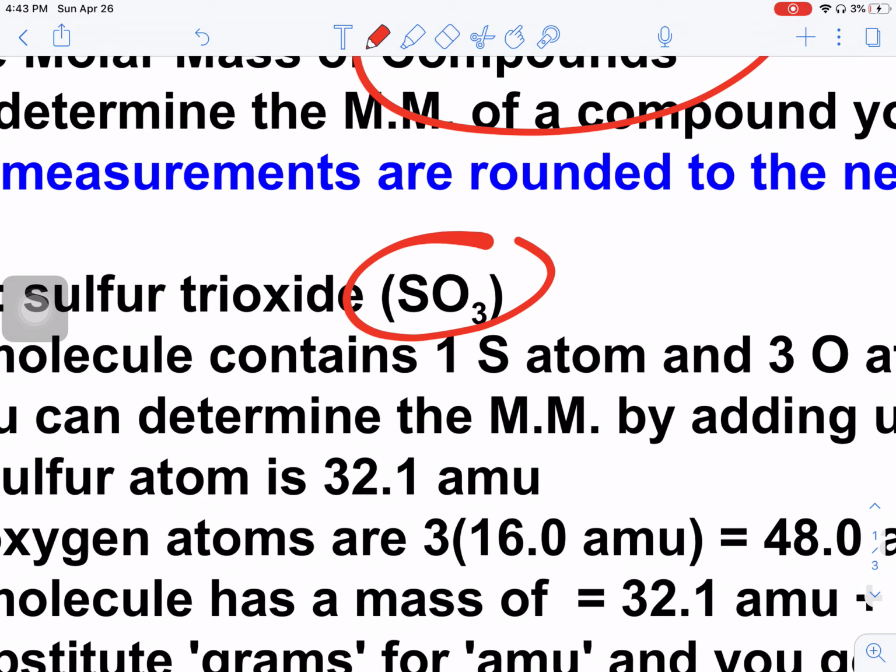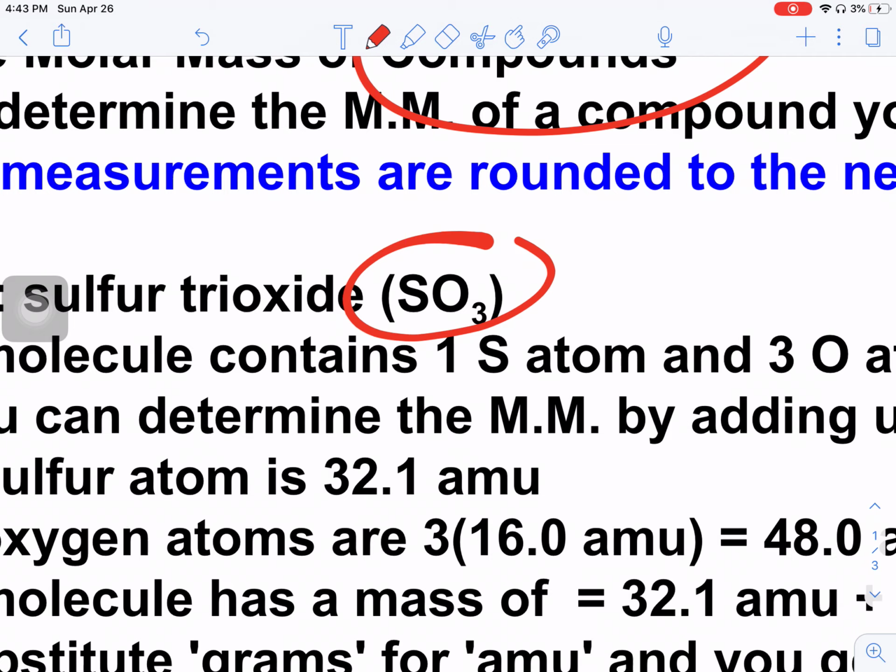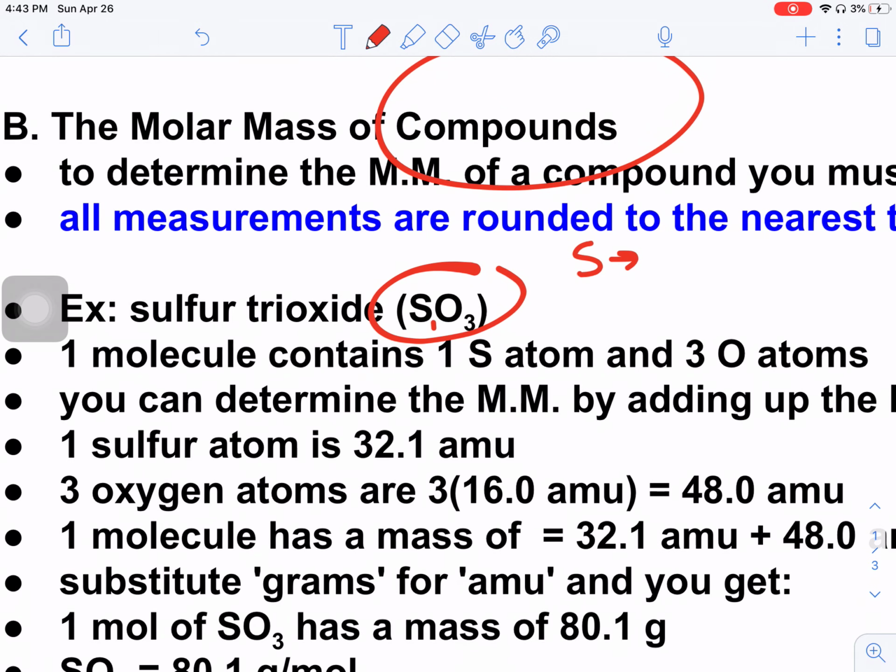What we're going to need to do is look up the molar masses of sulfur. If you look at the formula, there is no subscript for sulfur, so that indicates there is one. Sulfur, on the periodic table, and I'm going to round to one decimal place, is 32.06, but today I'm just going to call it 32.1.